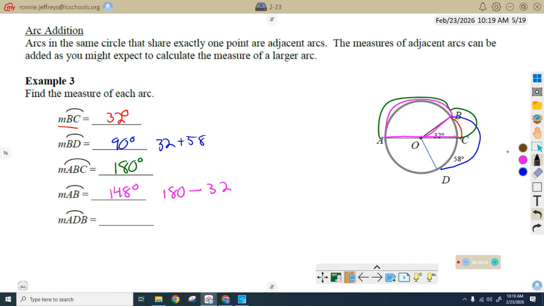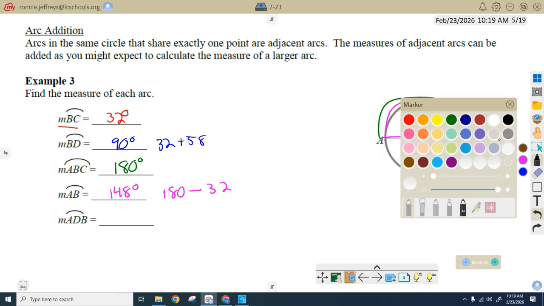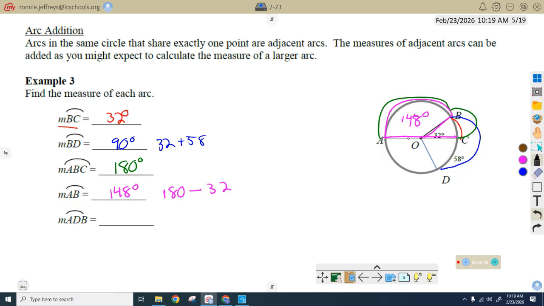All right, so this is 148. So we could find this right here. What's left? Just be 360 minus 148 plus 32 plus 58.